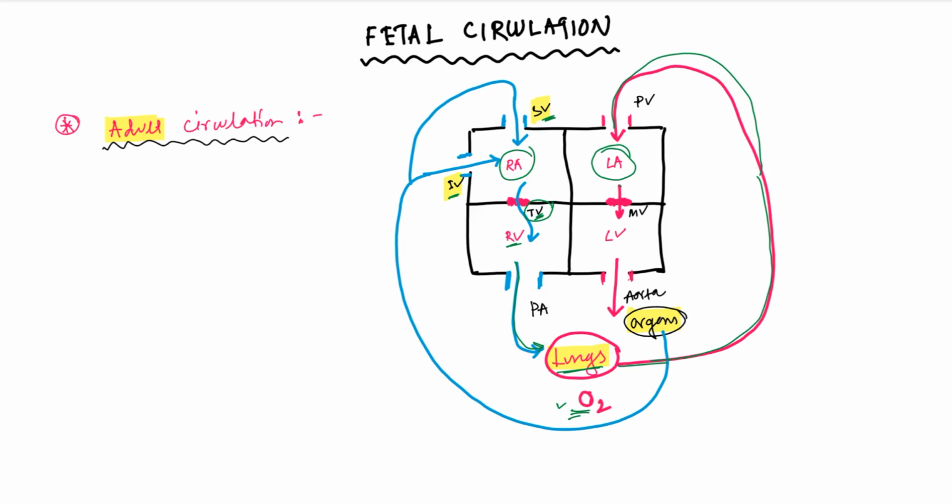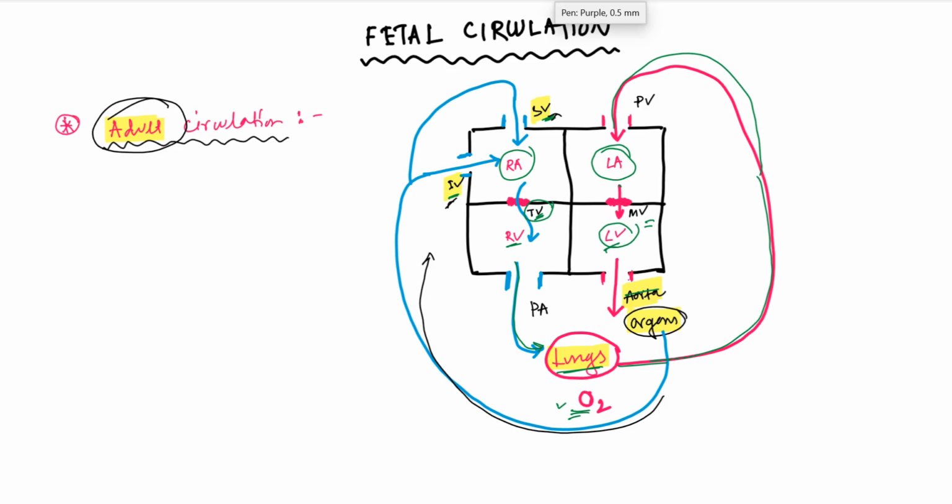From the left atrium the blood enters the left ventricle through the mitral valve, and then from the left ventricle the blood is pumped to the aorta, and through many branches it supplies all the organs of the body. Then the blood again gets deoxygenated, and returns to the right atrium through the inferior and superior vena cava, and the cycle continues. So this is the basics of normal adult circulation.